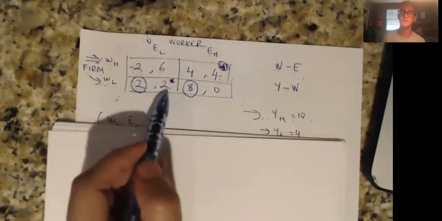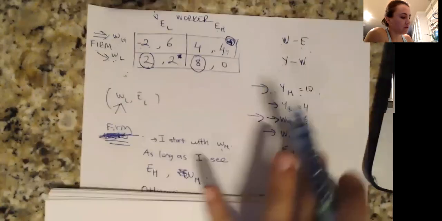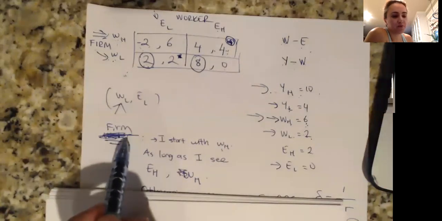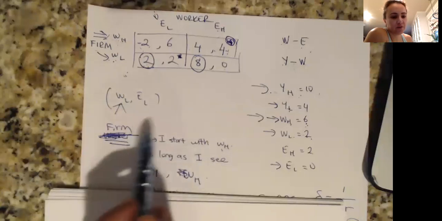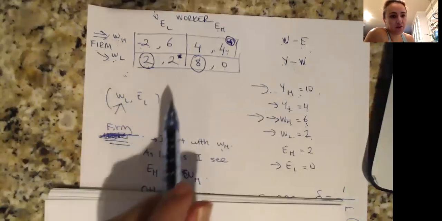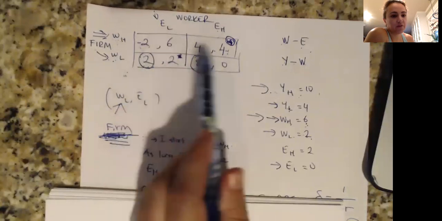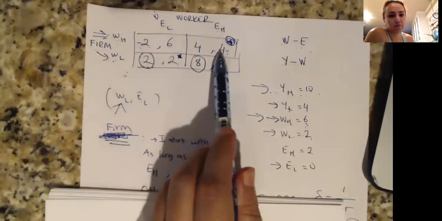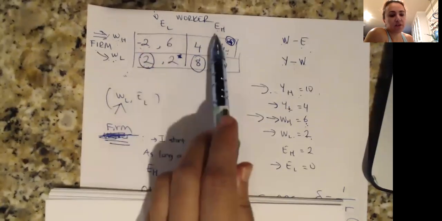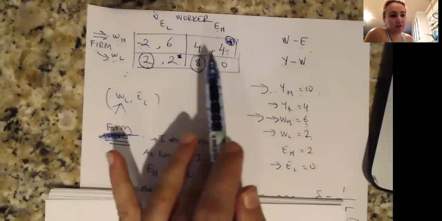But remember, look at the strategy that the firm is using. And think about the purpose of the firm. The firm is going to design this strategy to be able to get WH, EH as the equilibrium. WH, EH is not the equilibrium in the one period game.